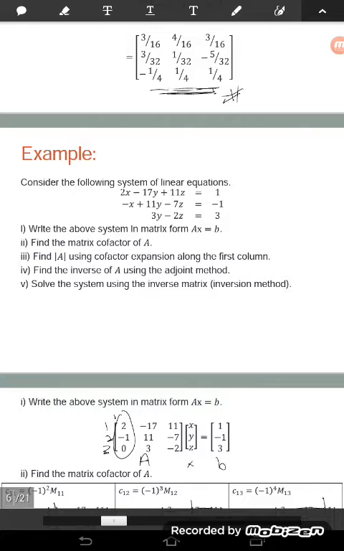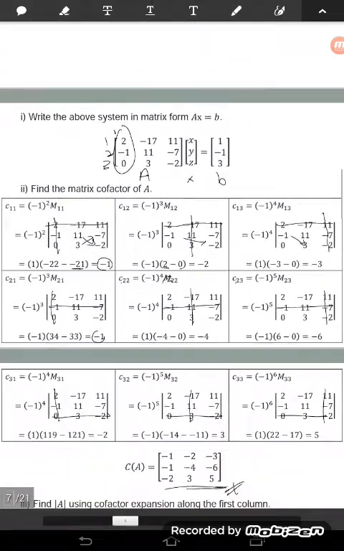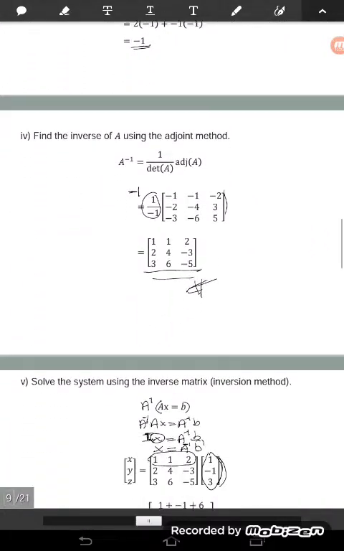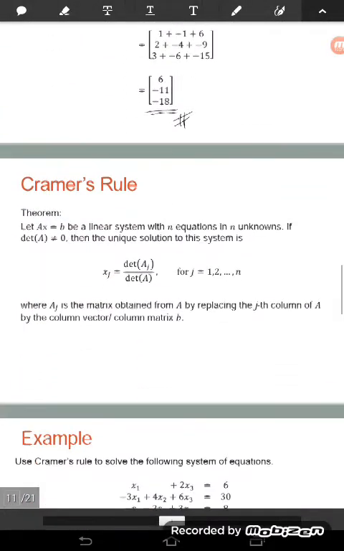And n unknowns: here we have 1, 2, 3, which is x, y, z. So 3 equations and 3 unknowns. That is what is meant by n equations and n unknowns.